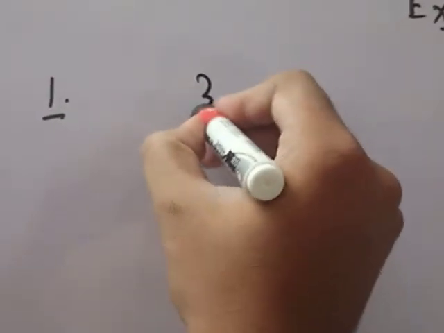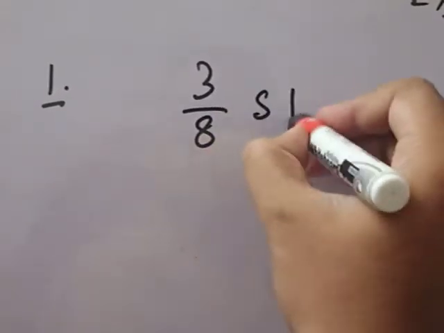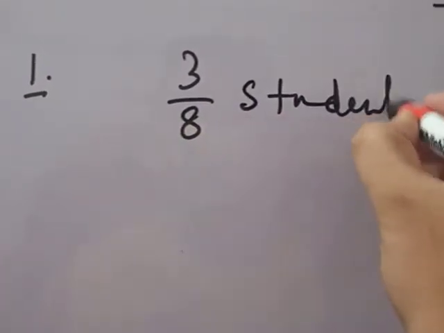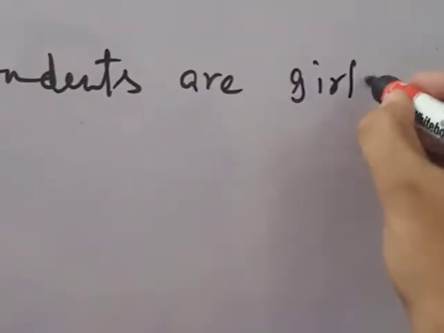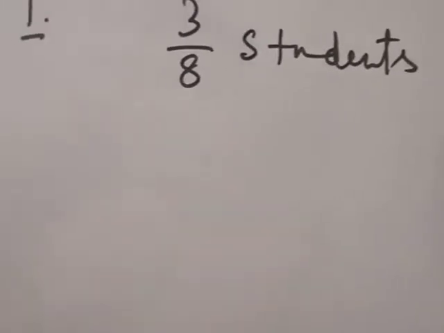See that in number 1, in a class 3/8 of the students are girls. So 3/8 of the students are girls. The total number of students is given as 72.